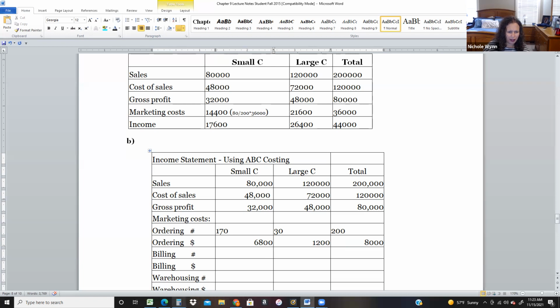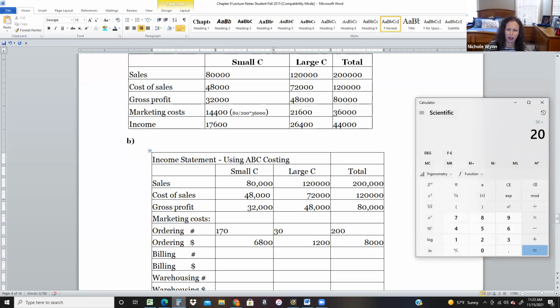So what I did was I took 30 divided by 200. That's 15% of our orders are from large times 8,000. You can also instead come up with a cost per order and say each order is 40 bucks times 170 and 40 bucks times 30. So that's another way to do it. Okay. So I'm going to do that on each of these things.